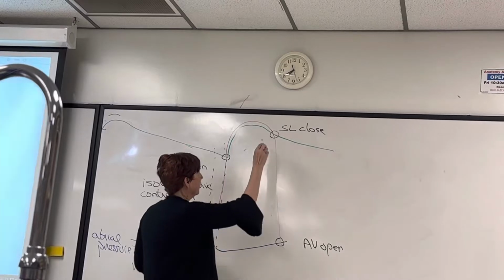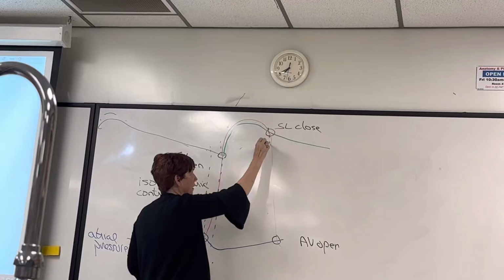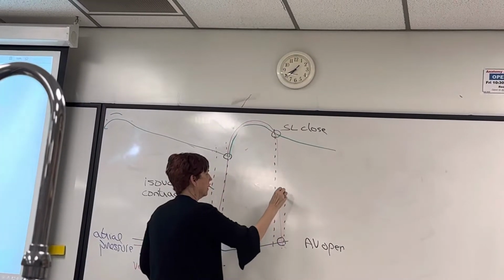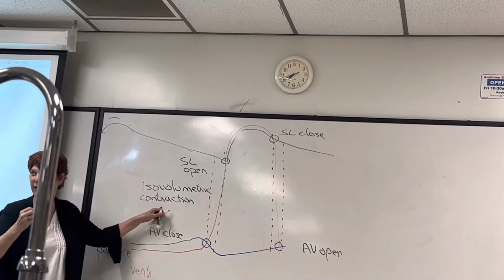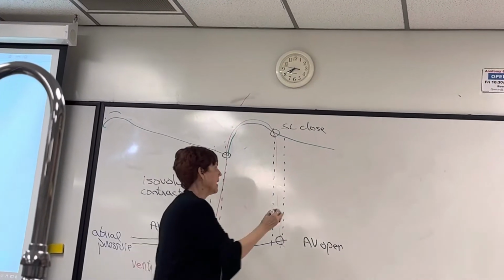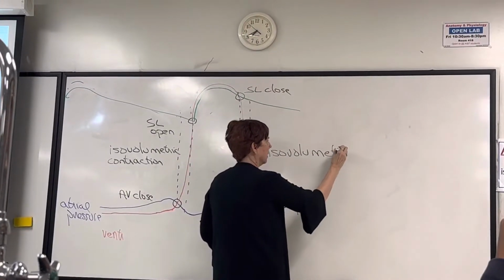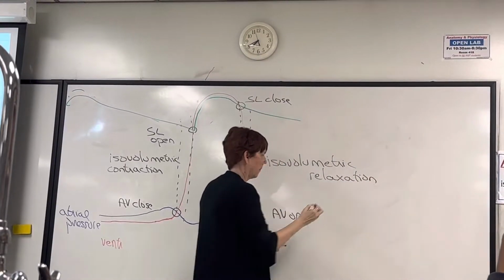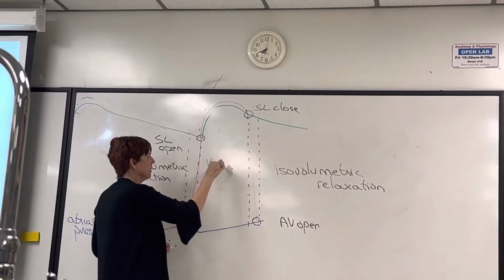So again, we have isovolumetric, because here the semilunar valves close and the AV valves haven't opened yet. In that narrow portion of time, both valves are closed, blood's not coming in and blood's not going out, but the ventricles are relaxing, so we call this isovolumetric relaxation. Then this period of time is ventricular filling.